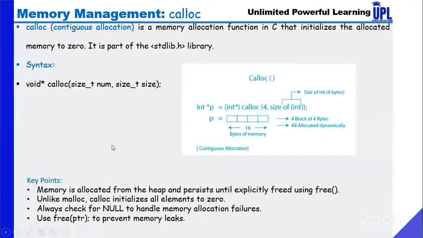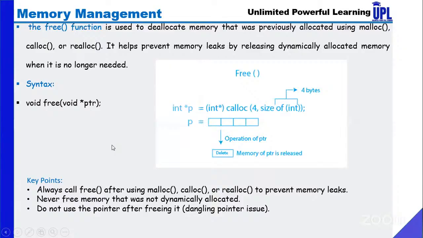And then finally, free. If you want to free it, you have to use the free function, free of p. That means the memory allocated is no longer in use for the current program. It can be used by anyone. The free function is used to deallocate a memory that was previously allocated using malloc, calloc, or even realloc.